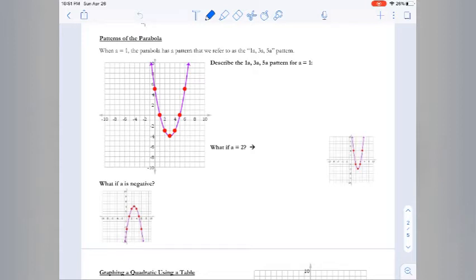First of all, it's called the 1a, 3a, 5a pattern. Now, the key to this is that a. Remember, in all our quadratic equations, we had our basic form of ax squared plus bx plus c.